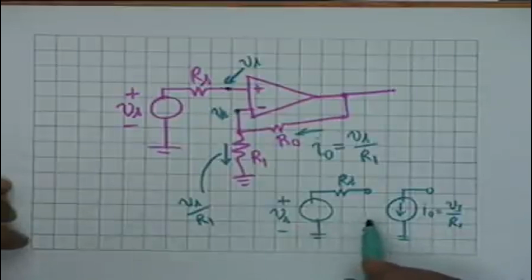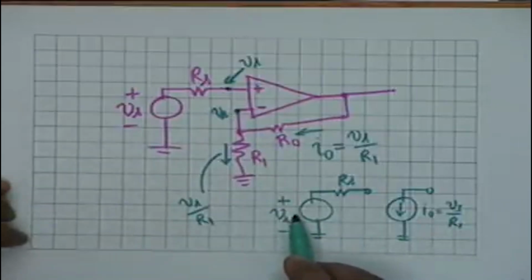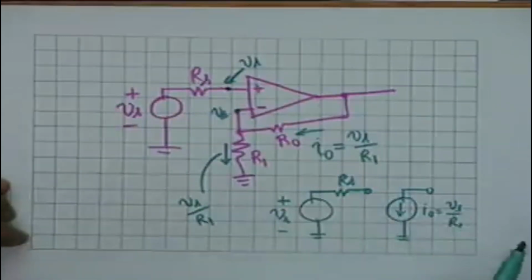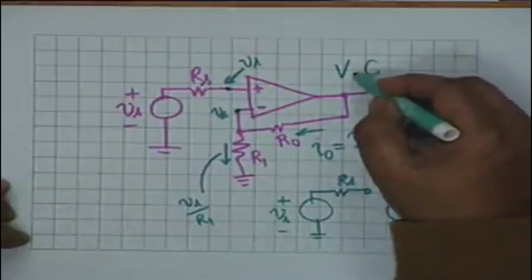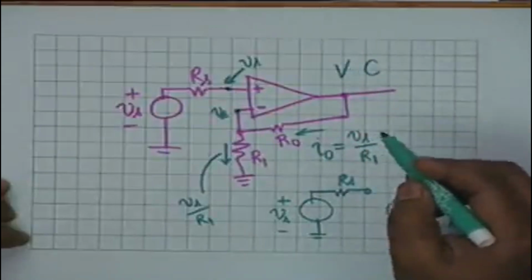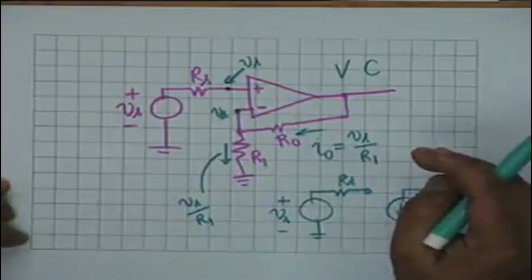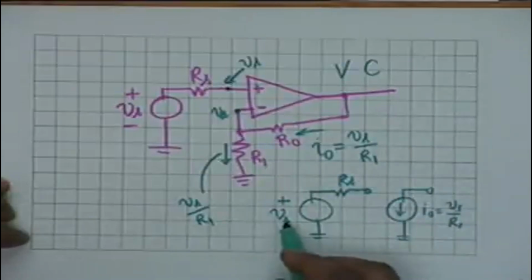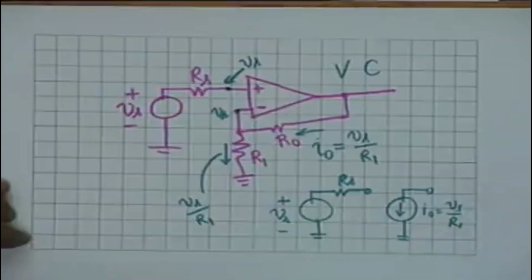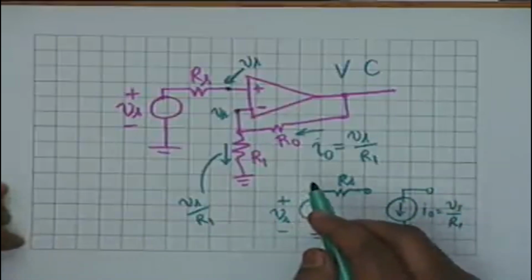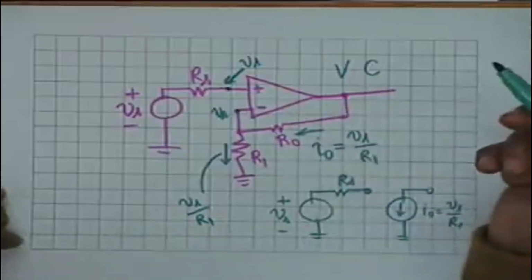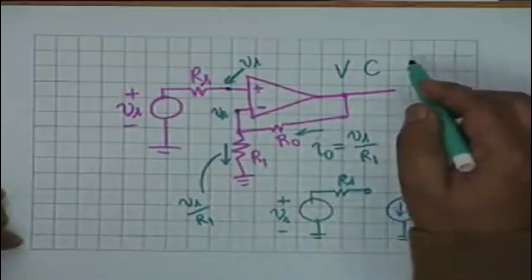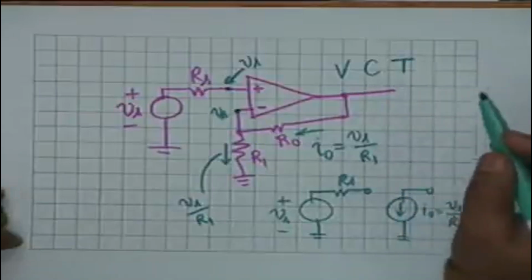Don't you see that this is a voltage controlled current source? So this is called a voltage to current converter. A voltage Vs is being converted into a current which is proportional to Vs, and the technical name for such a converter is a transducer.